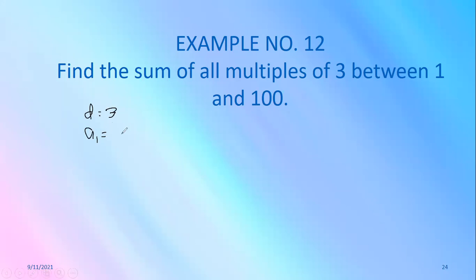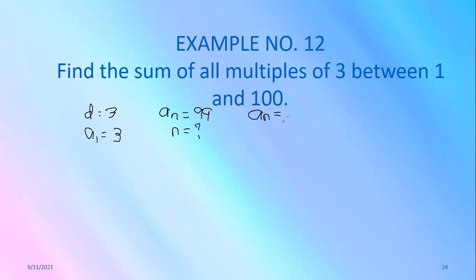First number, ano yung smallest number na multiple of 3? Malamang 3 din yan. A sub n, largest, 99. Pero wala kang n, di ba? So ano gagawin natin? Paano natin hanapin si n? Using the formula for nth term.